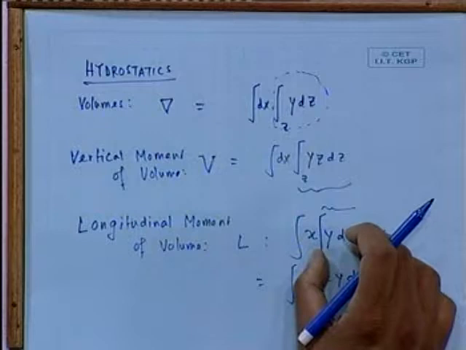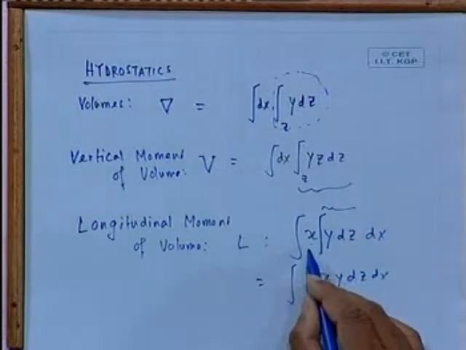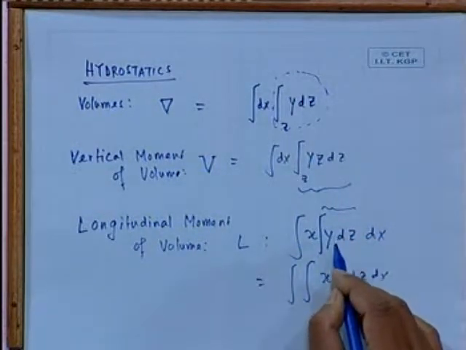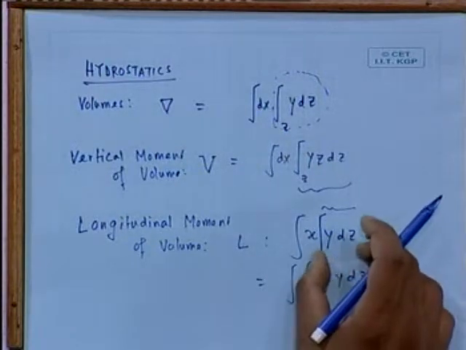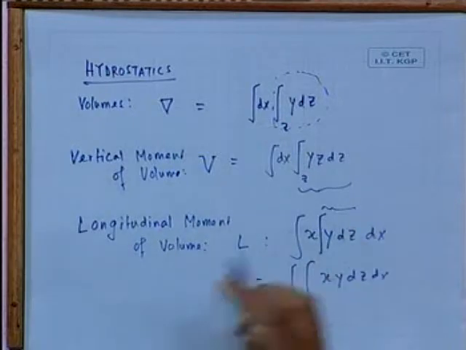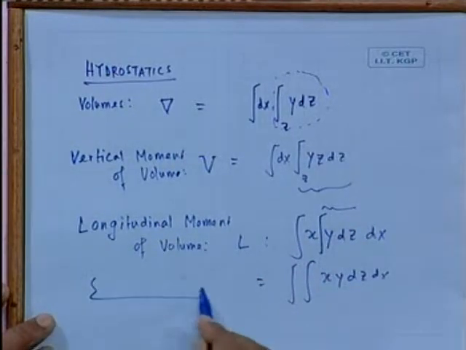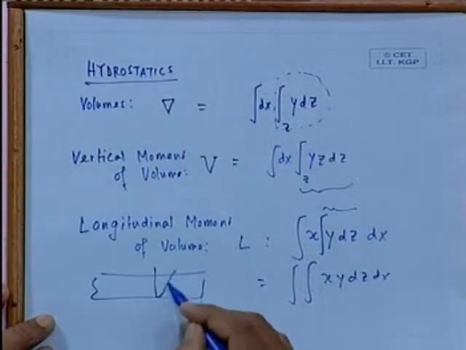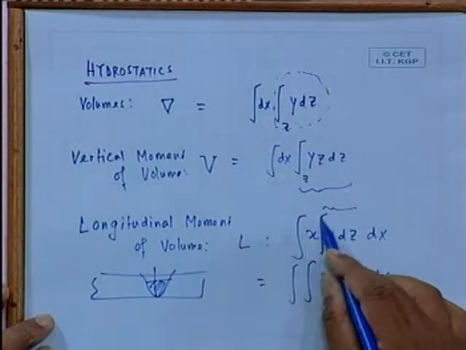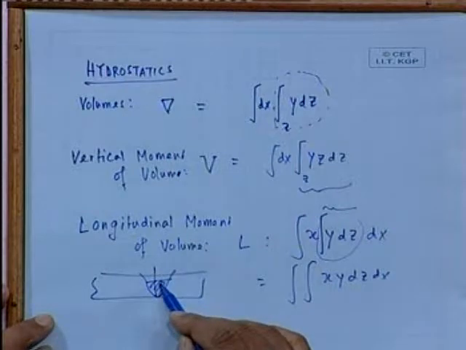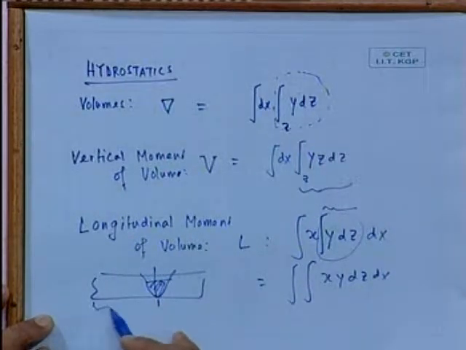So I take the section area multiplied by x, because for any section the x location is constant, therefore I can take it out. See, this full thing is, let us say, for a section number, give an example. Let us say this is my section. Now this section area is this part. Now this is located at distance x.